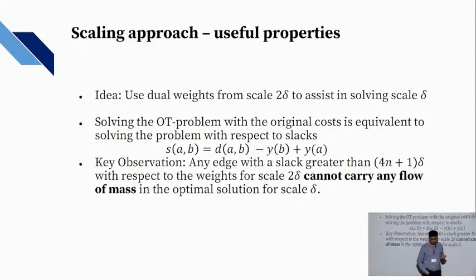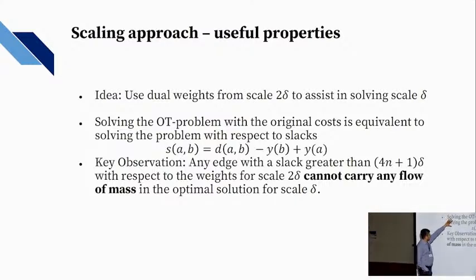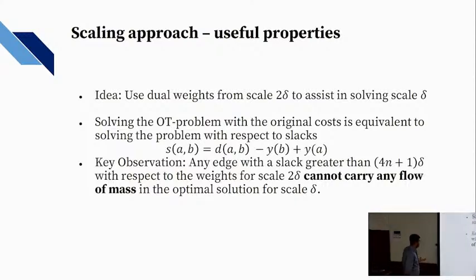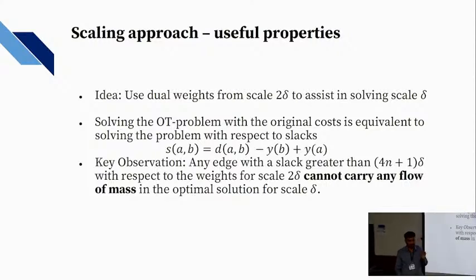We're going to go to the cost scaling paradigm. In the cost scaling paradigm, one of the facts that is used quite commonly is that you can always replace the cost of an edge with the slack of an edge with respect to the dual weights, and it does not change the optimal solution.